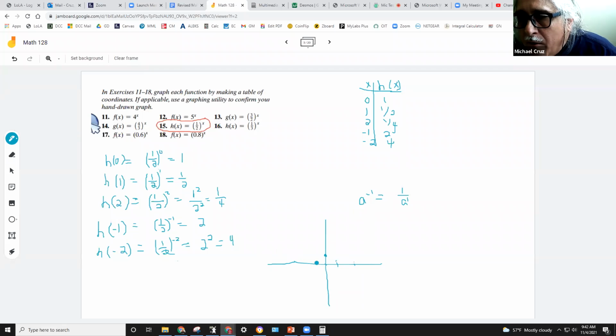And then over here, the -1 gives us somewhere right around in here. So that's 2. Probably a little bit off scale, but all right. And then this is going to jump up to 4. So 4 is right there. So then our rough sketch looks sort of like this.